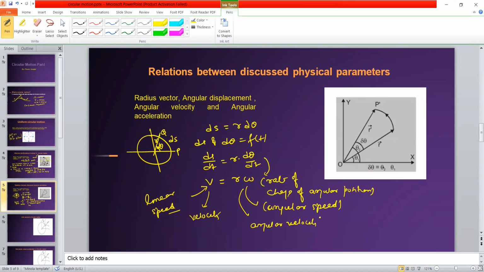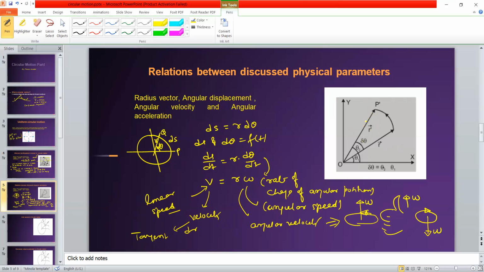Now, when I'm calling it angular velocity, the velocity should have a direction as well. The direction of velocity is along the tangent. And to find the direction of the angular velocity, we have to take the right hand thumb rule. If the body is rotating in the anti-clockwise direction, then curl your fingers in the direction of rotation and your thumb will give you the direction of angular velocity. So in this case the angular velocity direction is upward, and if it is rotating clockwise, then it will be downward.